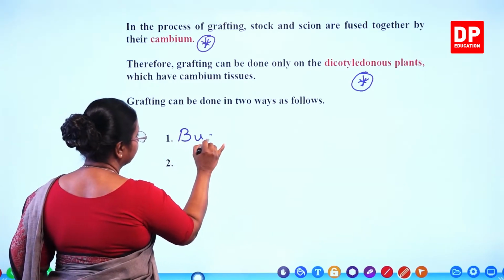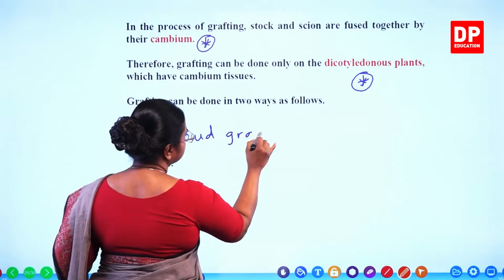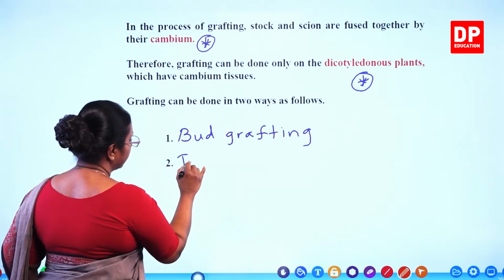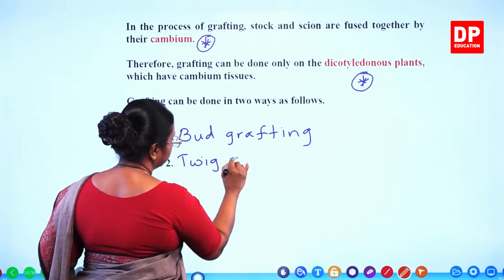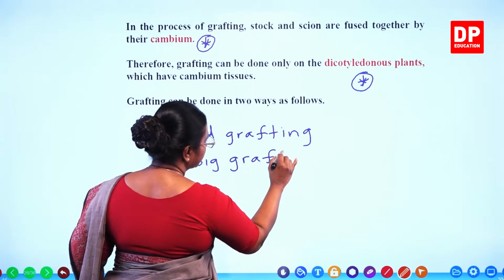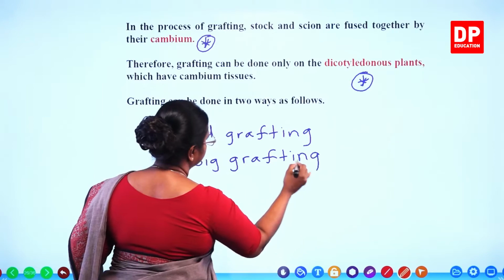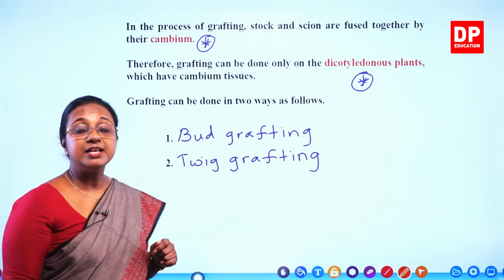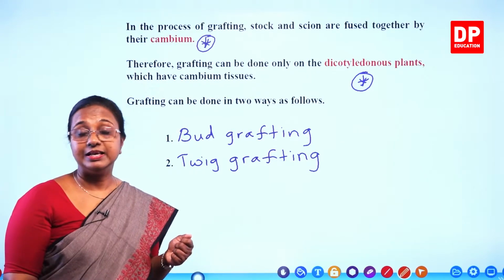One is known as bud grafting. The second method is known as twig grafting. This is actually based on the scion. If the scion is a bud, we call it bud grafting. If the scion is a twig, we call it twig grafting.